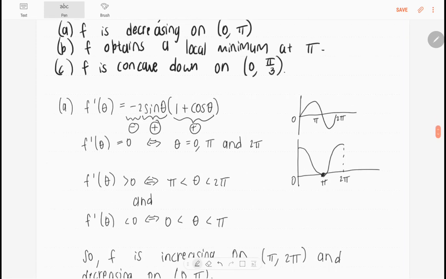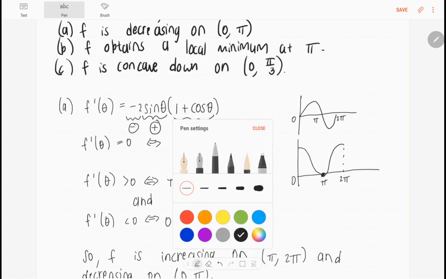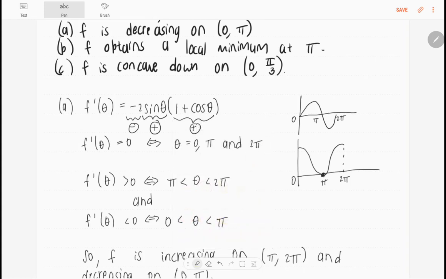Part B says we have to show that f obtains a local minimum at pi. So since we have a critical value at pi, why do we have a critical value at pi? Well, the first derivative equals 0 when theta equals pi, and the first derivative switches signs at pi. It goes from being negative to being positive.